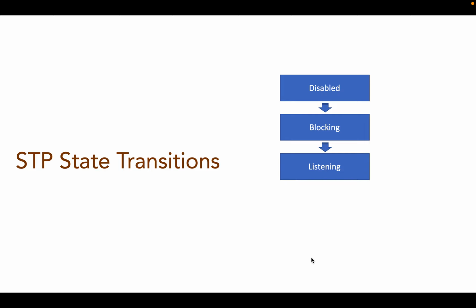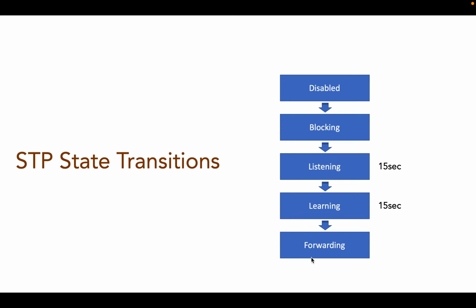The port transitions to the learning state, and again after the forward delay timer expires, it transitions to the forwarding state. STP leaves the interface in each interim state for a time equal to the forward delay timer, which defaults to 15 seconds. As a result, a convergence event that causes an interface to change from blocking to forwarding requires 30 seconds to transition from blocking to forwarding.